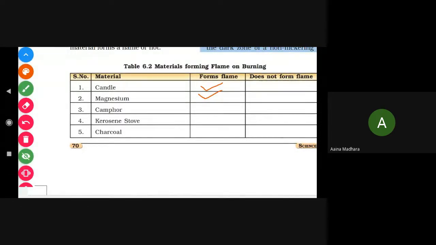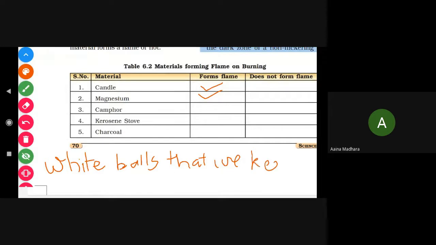Do you know what is camphor? Yes. What is camphor? Tell me. Now, do you remember what is camphor?